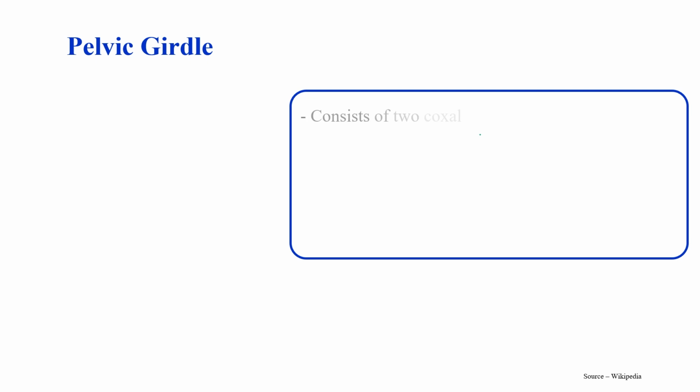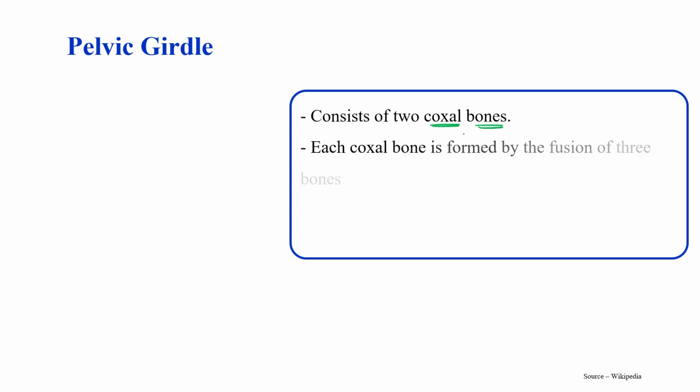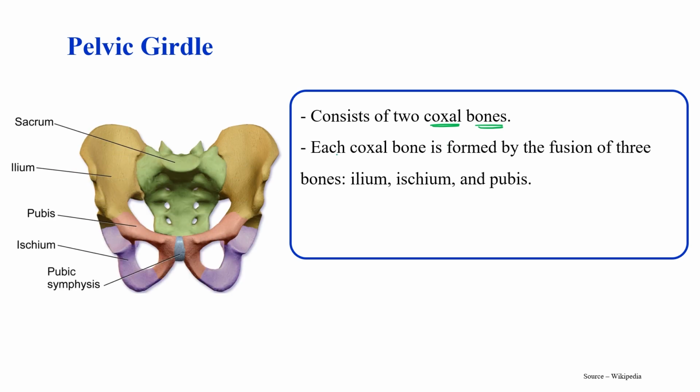Now the pelvic girdle. It consists of 2 coxal bones. Each coxal bone is made up of 3 bones which fuse together: the ilium, this pale yellow color, then the ischium, purple color, and this the pubis.